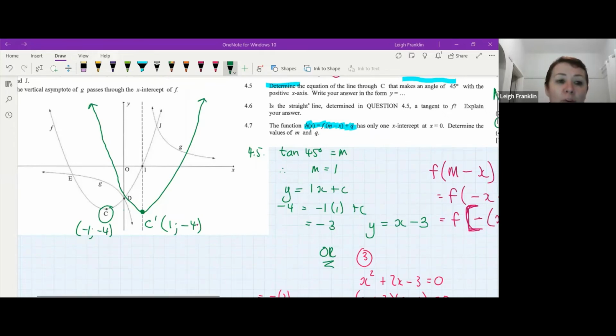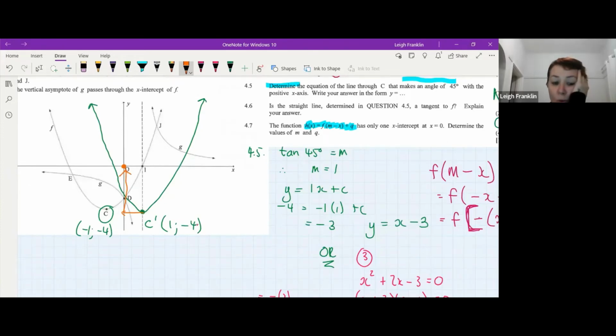So now, if you want to move it so that its turning point is now here at the origin, you're going to have to move it 1 unit to the left, and you're going to have to move it 4 units up. Does that make sense to you? Yes.